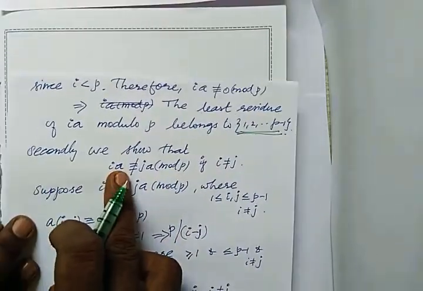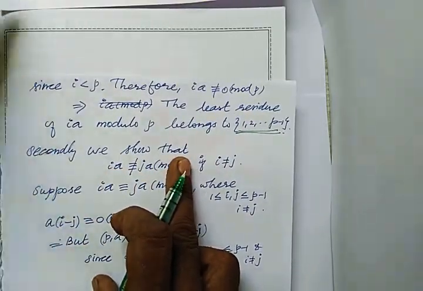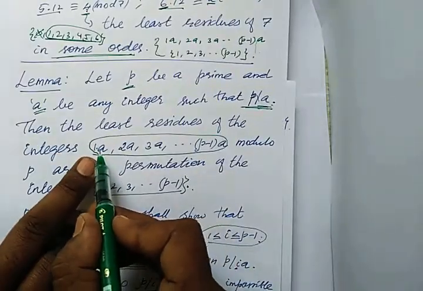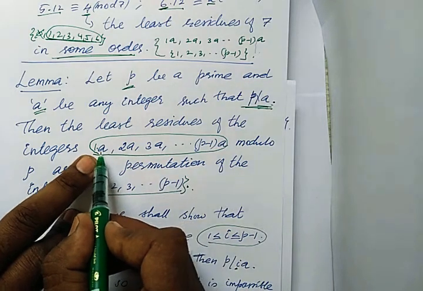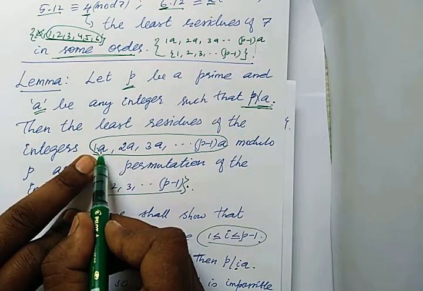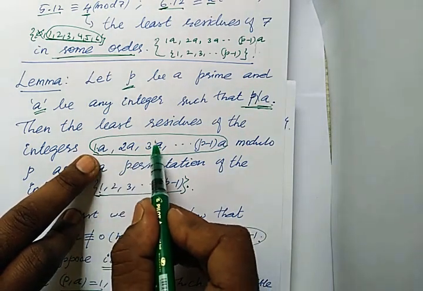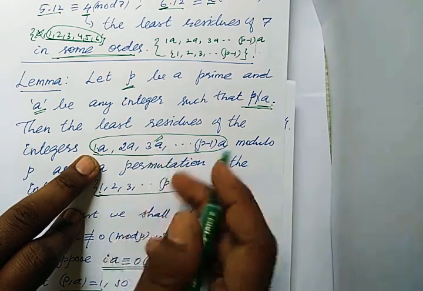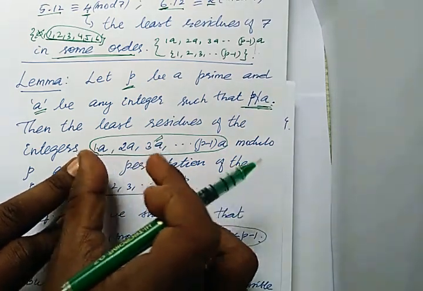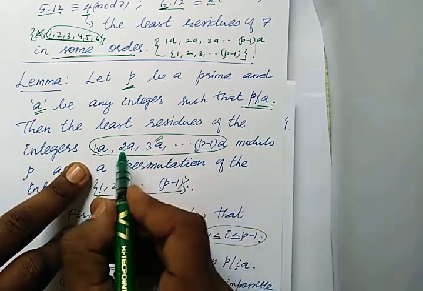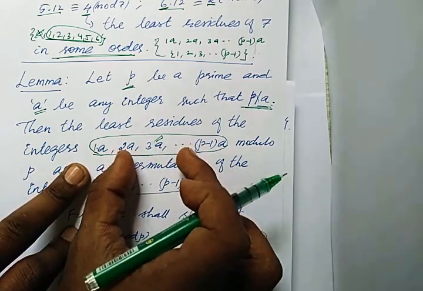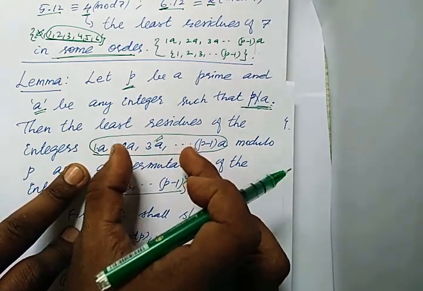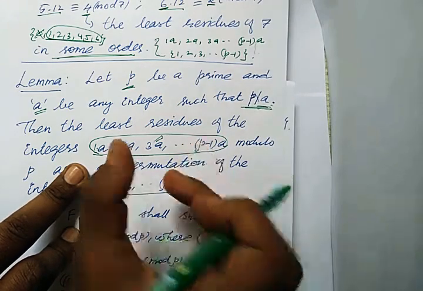And secondly we show that if you find modulo P for two such numbers, we will get two residues, and these two residues will be distinct. For any two numbers here, if we find modulo P, we will get two distinct residues.